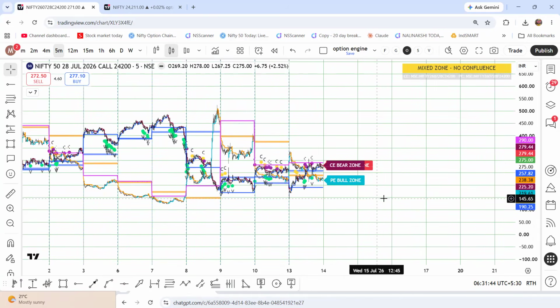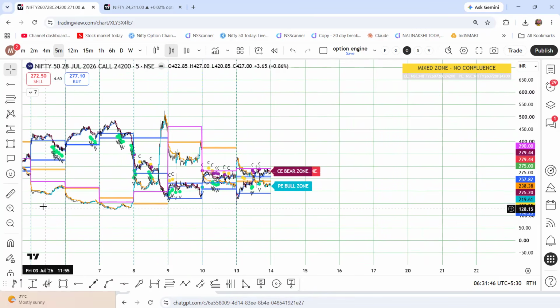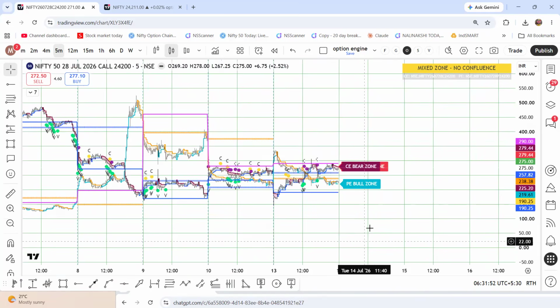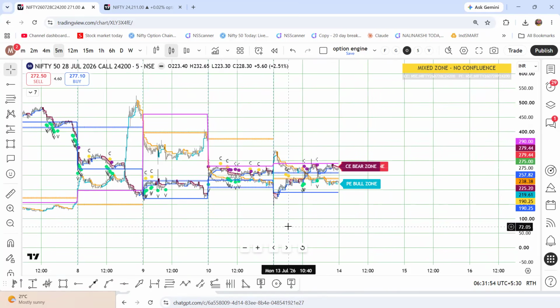Now the market is already in the second week. I'm showing you the monthly 24,200 call option and the monthly 24,000 put option. Here, not that much convergence. I mean, only the pivots are converging.